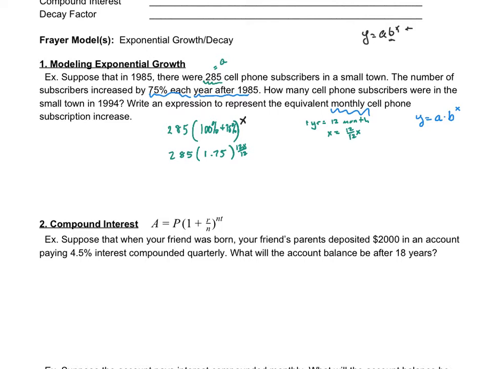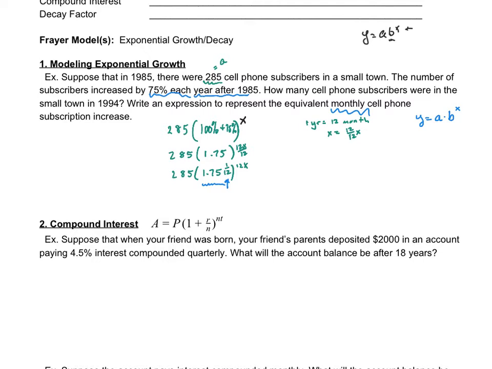And using the property, I can multiply my exponent properties, right? So I know that 285 times 1.75 to the 1/12 power, raised to the power of 12x. Now that is going to identify this new growth right here. That is identifying growth in a month.